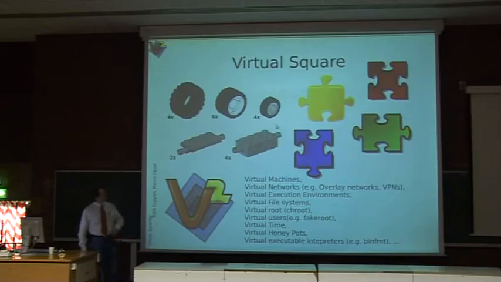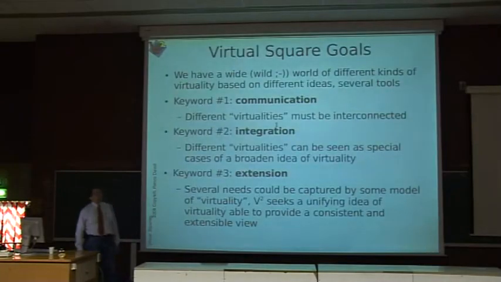So the main goal is communication. We want different virtual entities to communicate together. Actually, we have different virtual machines, and we cannot make them communicate directly without VOS tools.